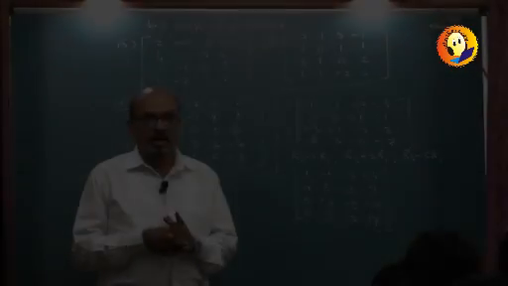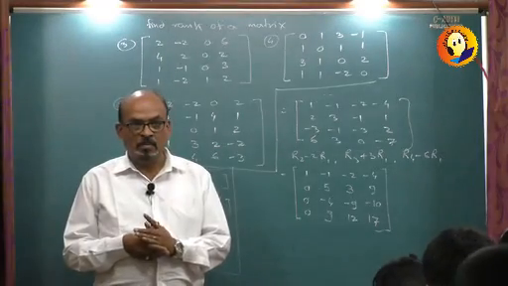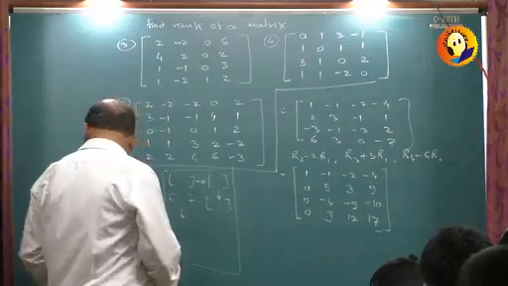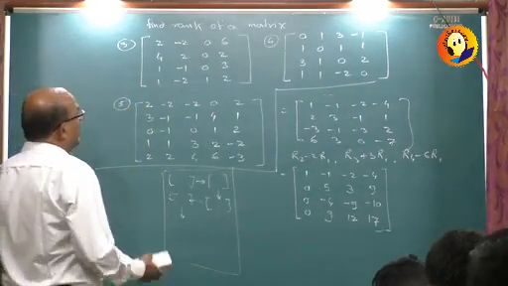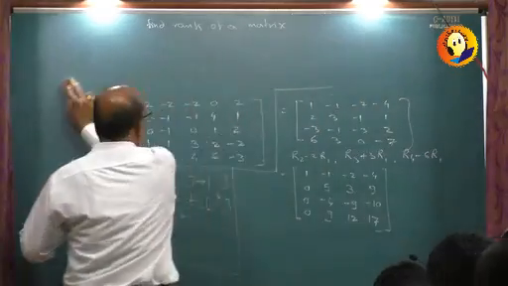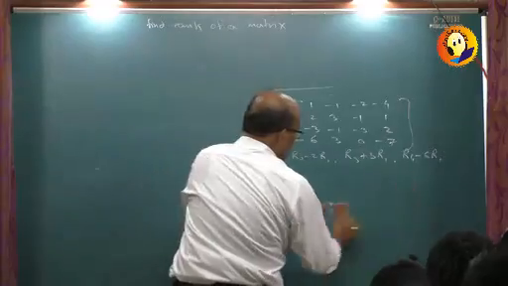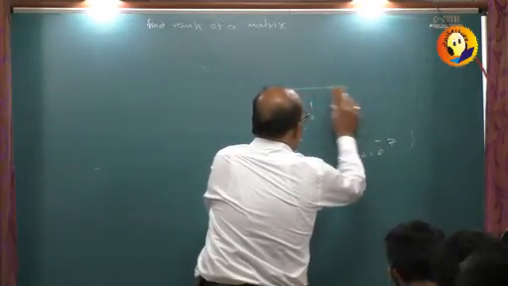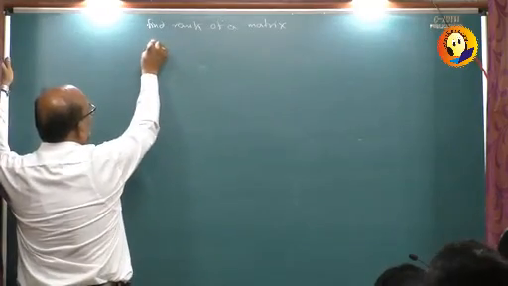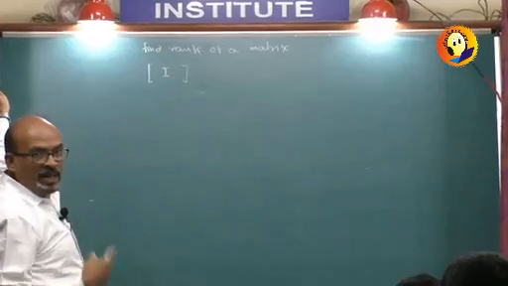Reducing the matrix to the normal form and finding the rank. Okay, so the method says to find the rank of a matrix by reducing it to the normal form. One has to understand what a normal form is, and the normal form is one where the reduced matrix should be I. Now when can this be I?